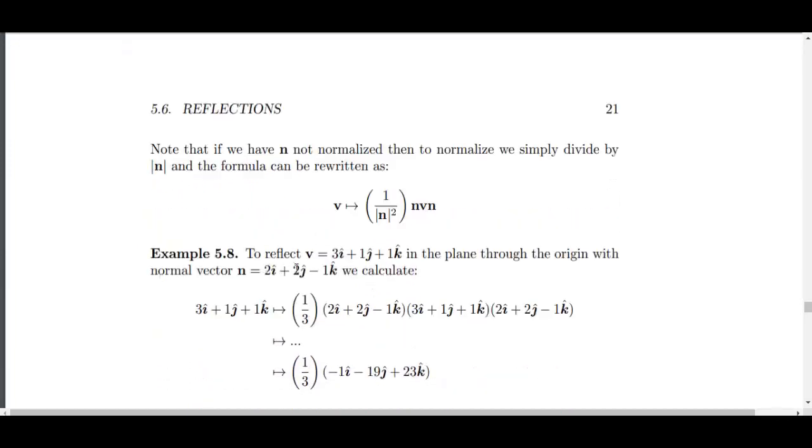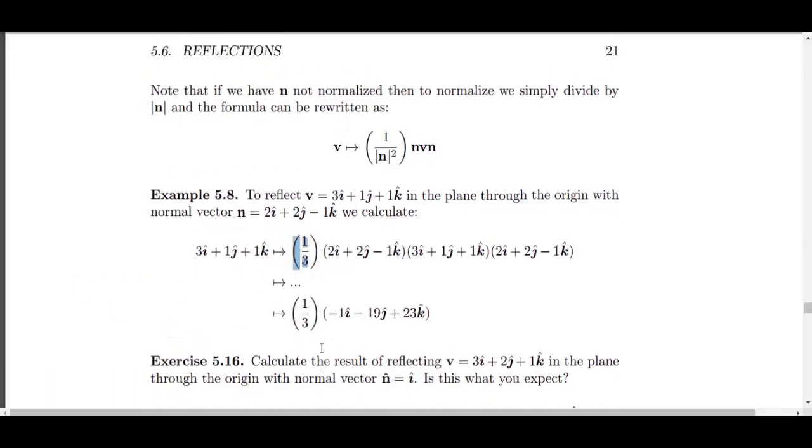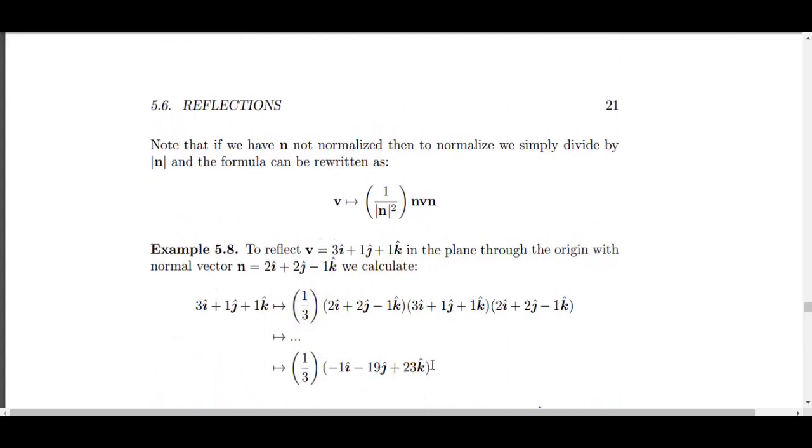We have an example here to reflect the vector b in the plane through the origin with normal vector n. We calculate the following, and here we have vector n, vector b, vector n again, and here we have 1 divided by 3. Note that the norm of n is equal to 3. So that's why we have 3 here. And then we have this vector or this point.